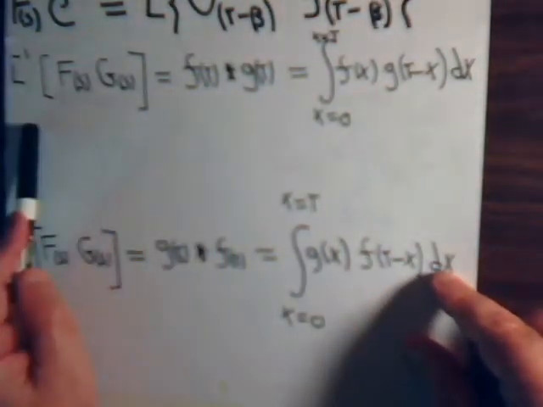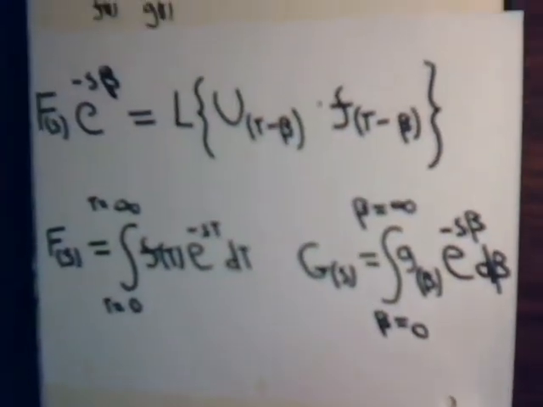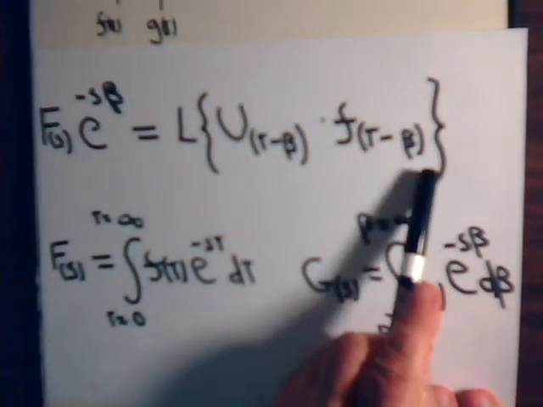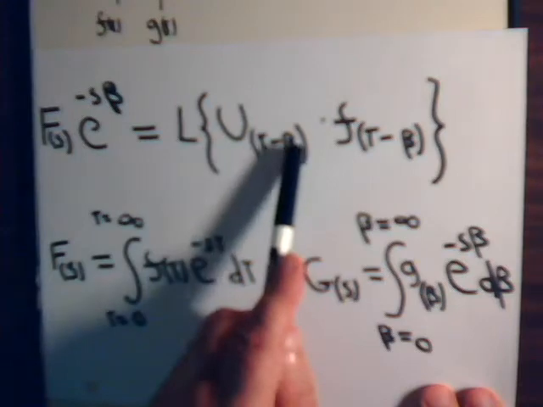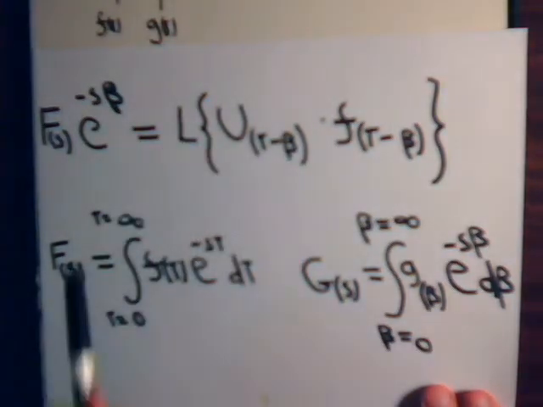Now, to prove this equation, we are going to make use of this equation. And this equation we did prove in previous videos when we were studying the unit step function.